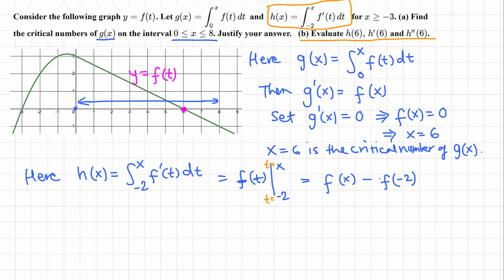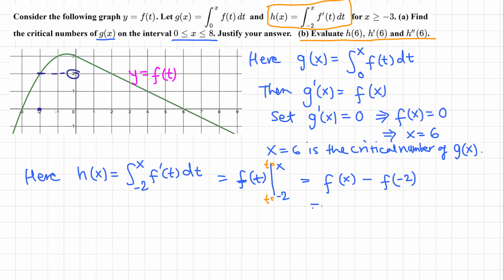Now f of negative 2 has a value. If we look at the graph, negative 2 is here, and the function value is here, which is 2. So we can replace that.